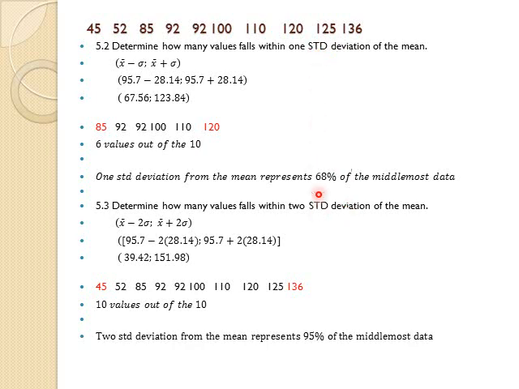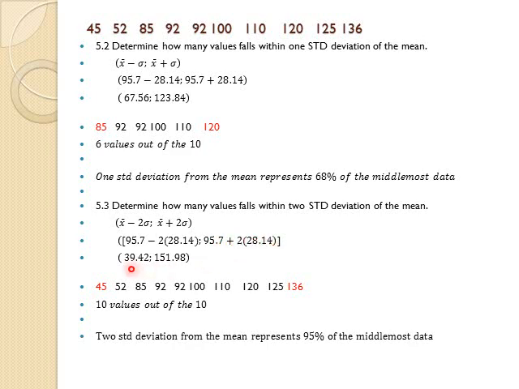That's with discrete data, or univariate data, or ungrouped data. So when I say 2 standard deviations: mean minus 2 standard deviations, mean plus 2 standard deviations. So 95.7 minus 2 times 28.14, and 95.7 plus 2 times 28.14.